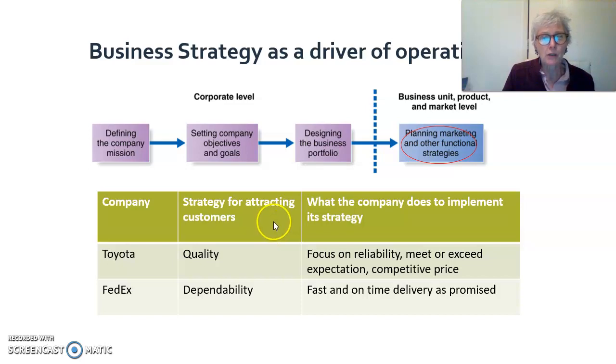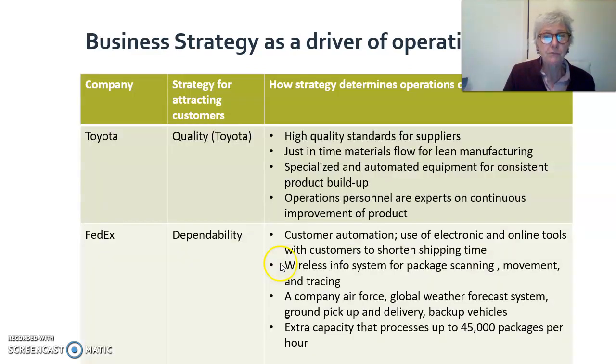In the case of Toyota, it's quality, and in the case of FedEx, it's dependability. So what does the company do to implement its strategy? For Toyota, it means a focus on reliability to meet and exceed expectation. In the case of FedEx, it's about being on time and fast to deliver the parcels.